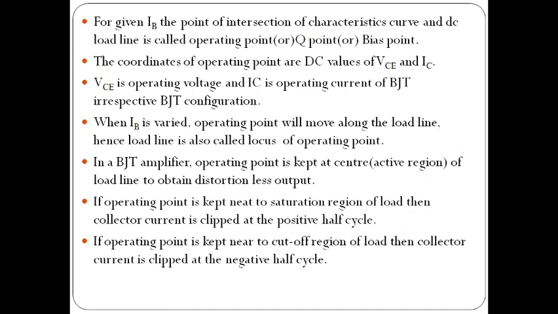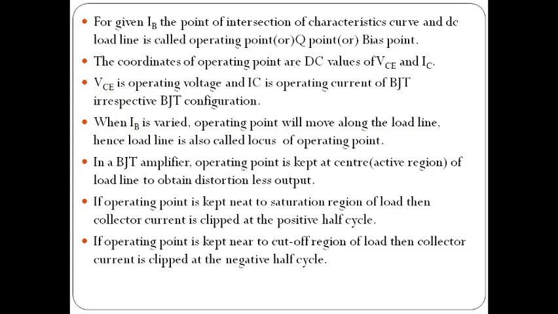For a given IB, the point of intersection of the characteristic curve and the DC load line is called the operating point. So we drew the DC load line on the output characteristics of CE. For a particular IB value, where the DC load line touches the output characteristics, that particular point is called the Q point, operating point, or bias point.